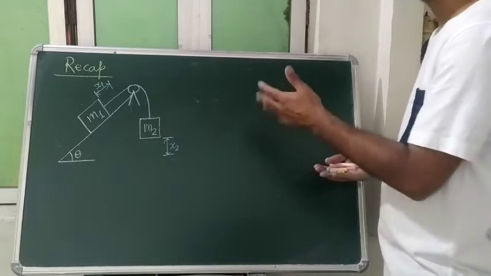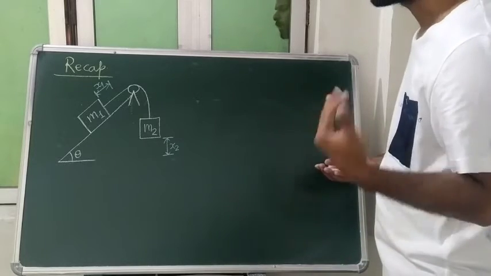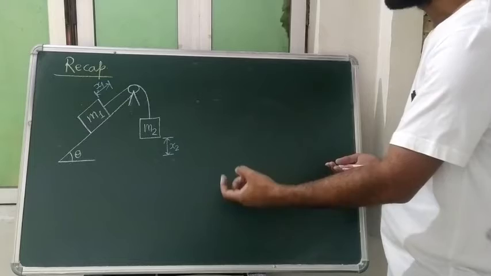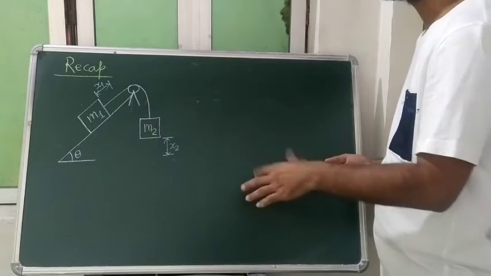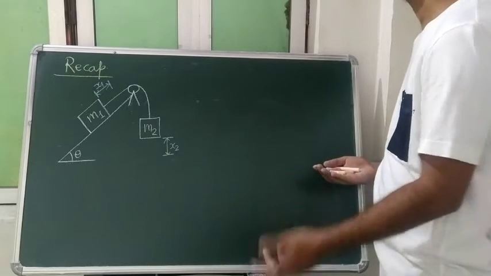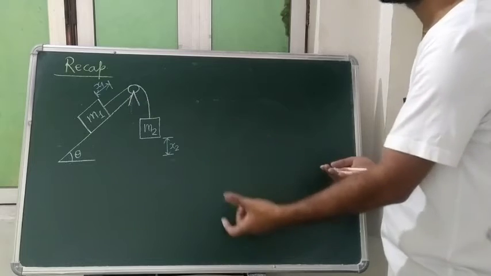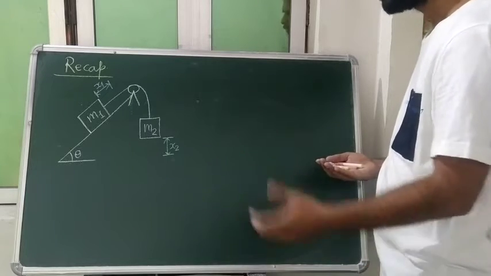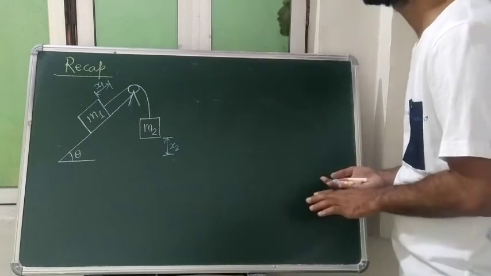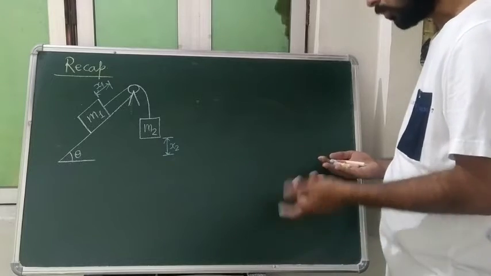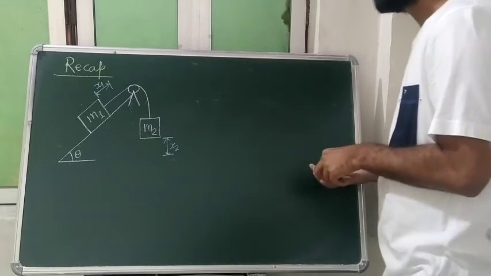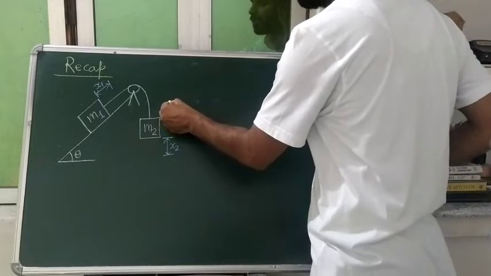And once again when we differentiate with respect to time, dv1 upon dt, meaning change in velocity upon change in time, will give us a1 equal to a2. So a1 will be equal to a2, and the signs are also the same.